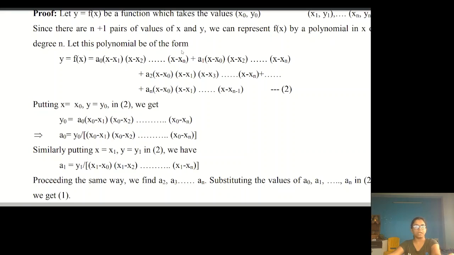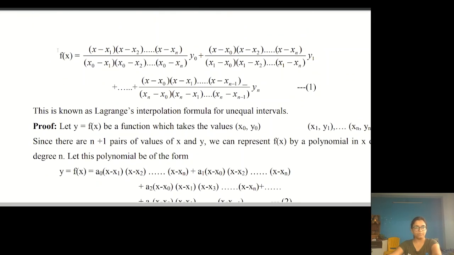We have a proof that you can see here. We take a polynomial and keep all the values that we are given, like the set of tabulated values that have been given, and then we take out a value in general to have a generalized form of f(x) equal to x minus x1, x minus x2, till x minus xn, and for every y term we have to take out the xn value, and that's how we will find the f(x) value.